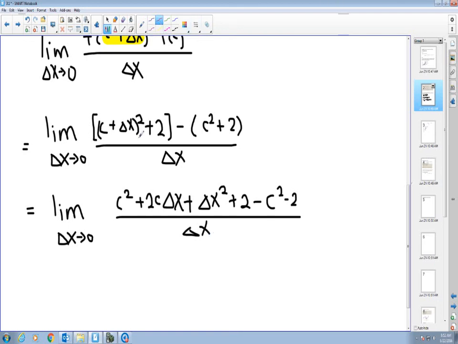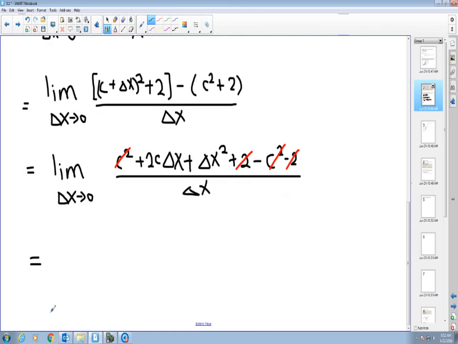If I simplify this, the c squared will cancel out and the 2 will cancel out. That leaves me with 2c delta of x plus delta of x squared. Since both terms left on top have delta of x, I can factor out delta of x.